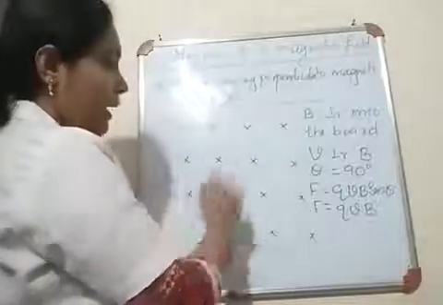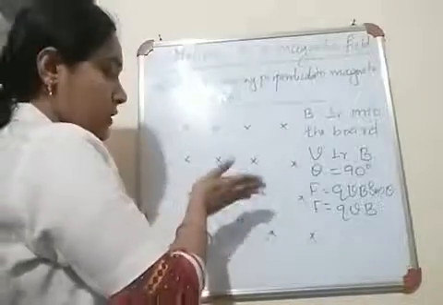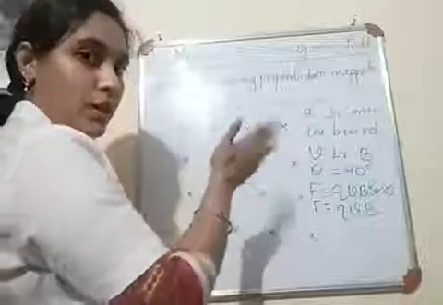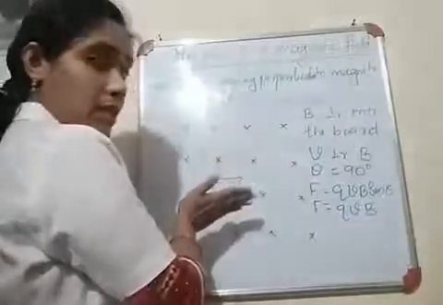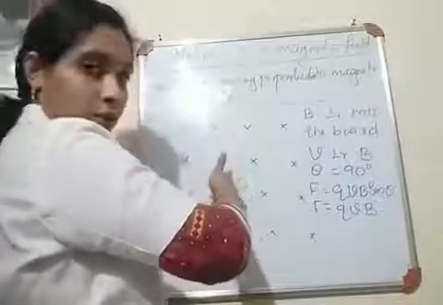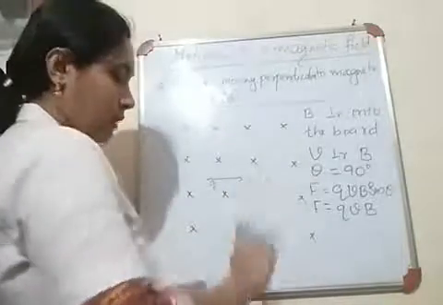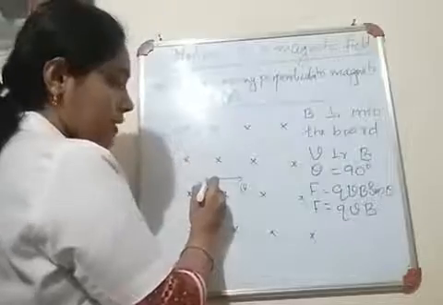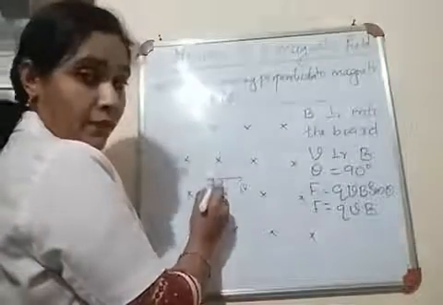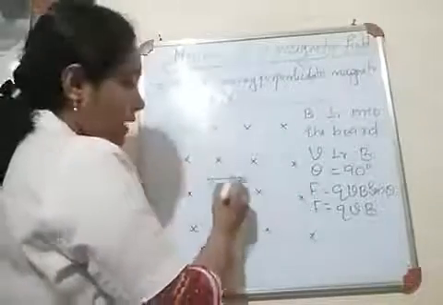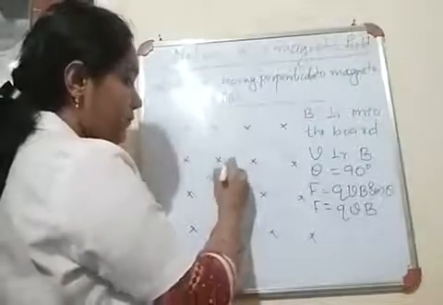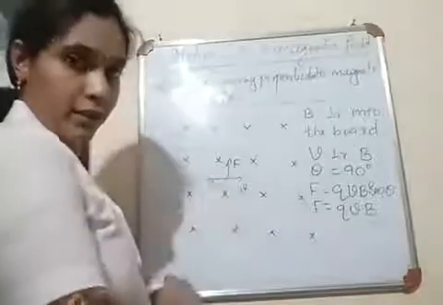So this is V and this is B. Just imagine and curl your right hand fingers from V to B. Your thumb will point upward. So as the charged particle enters the magnetic field and starts to move along this way, it will experience a force in this direction.